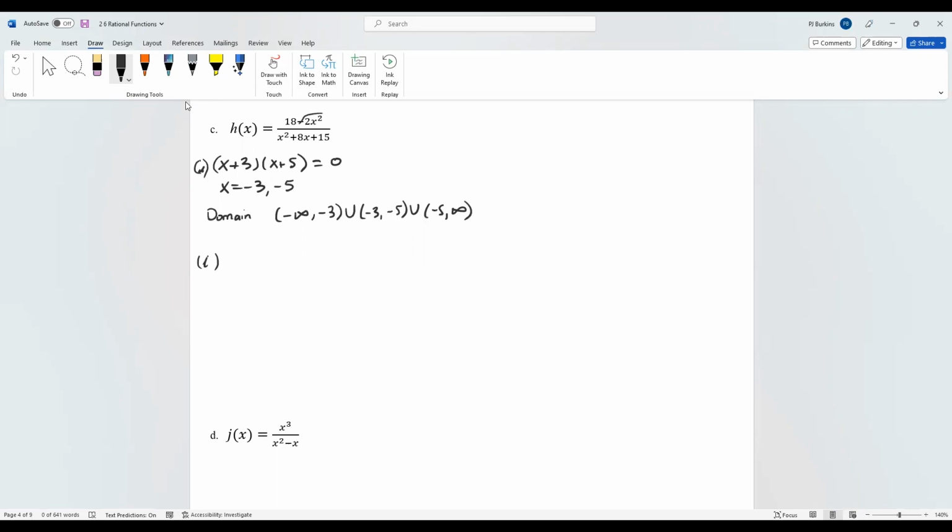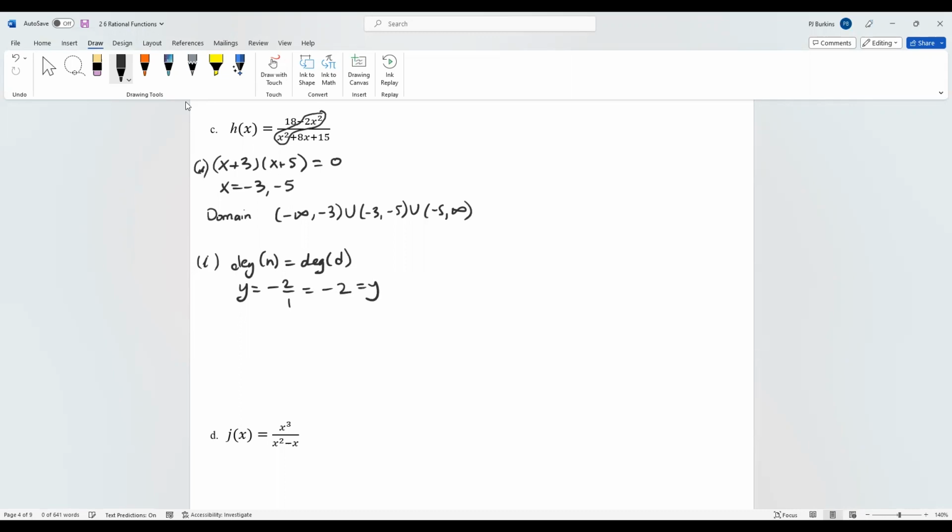The degree here, if we look, is degree 2 for both. Remember that if the degrees are the same, so if the degree of the numerator is equal to the degree of the denominator, then the line y equals the division of the leading coefficients is the horizontal asymptote.